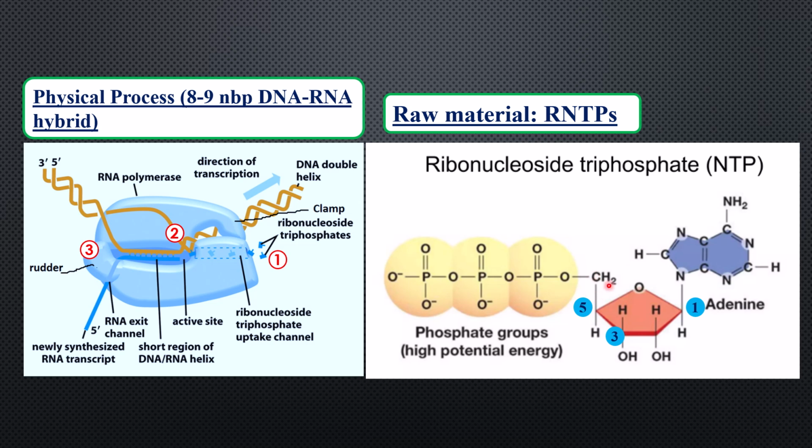With this 5' CH2, there is the triphosphate group attached. Now, with the help of the 5' and the 3' ends of the consecutive RNTPs, the chemical process will happen and a phosphodiester bond is formed between 5' and 3' positions.